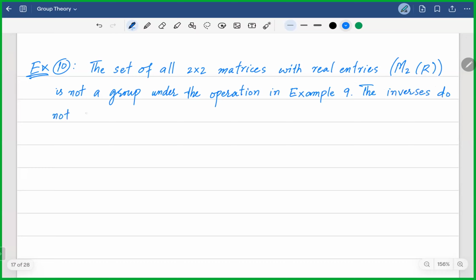The set 0, 1, 2, 3 is not a group under multiplication mod 4.